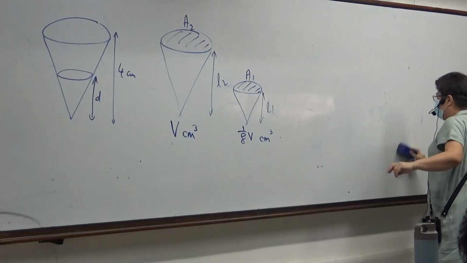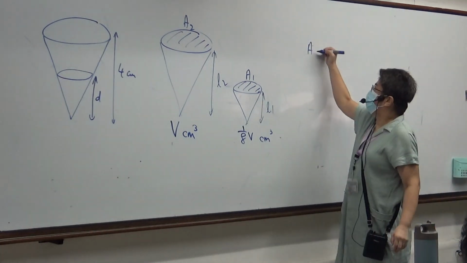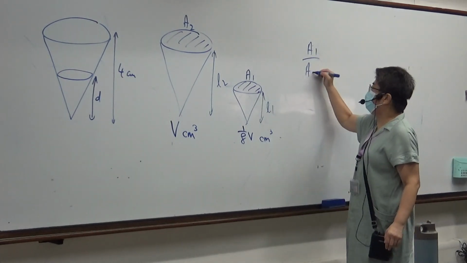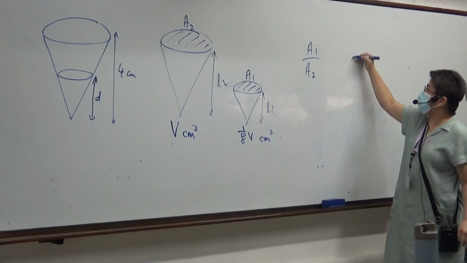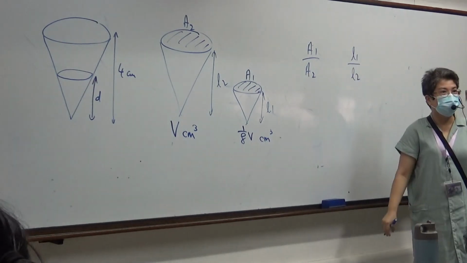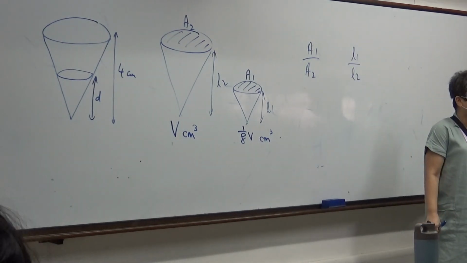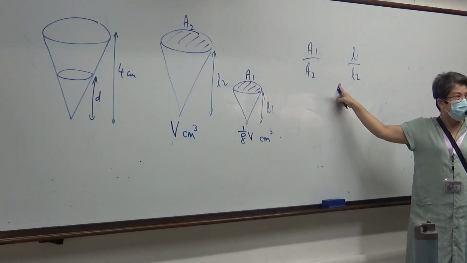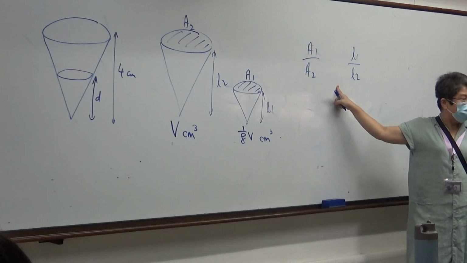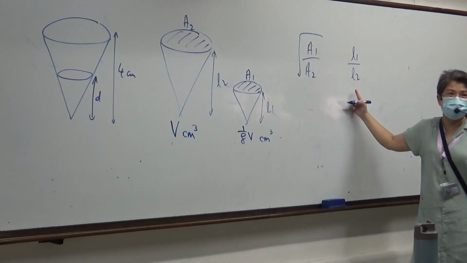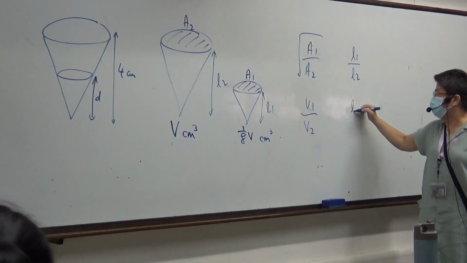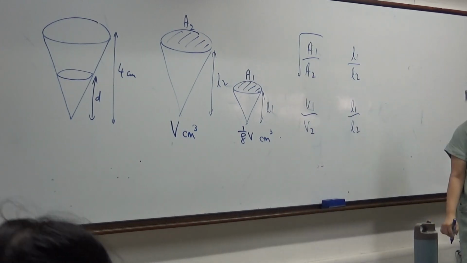I'm going to show you two cases here. If you are given A1 over A2, can you find L1 over L2? You square root this, you can get it, right? Yes or no? Now, if you're given V1 over V2, can you get L1 over L2?